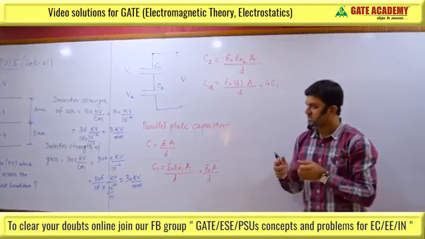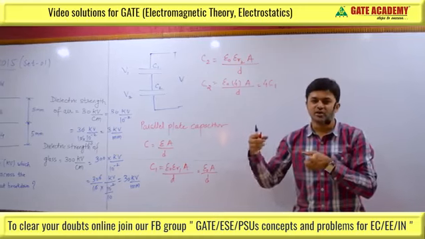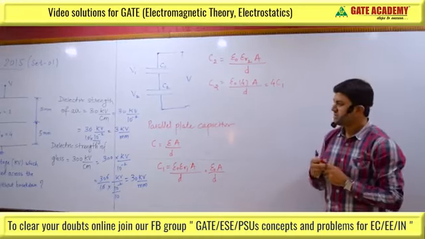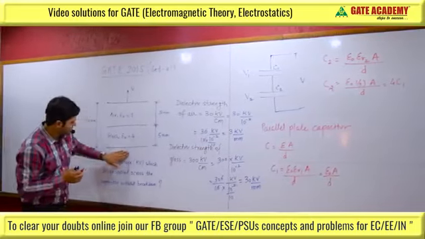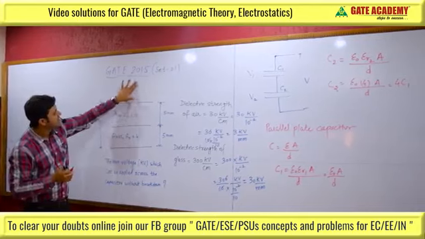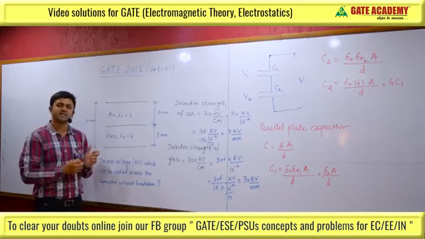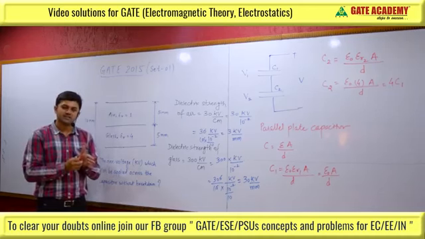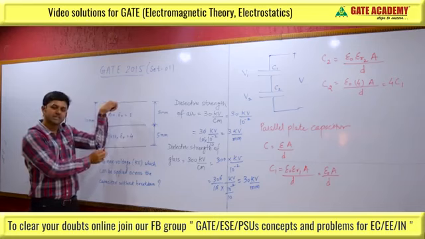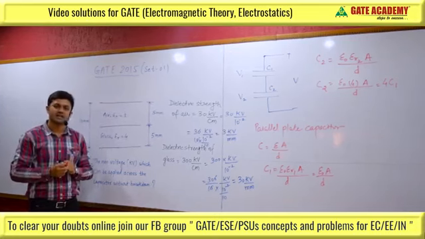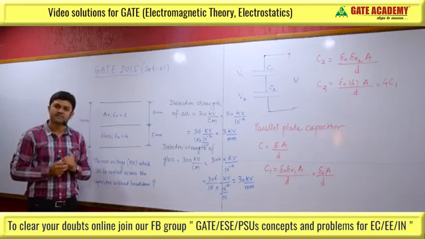Now in this question the battery is not connected to the plates of the capacitor, because in this arrangement it is not given that these plates are connected by some battery. If the plates are not connected by a battery, it means that we applied some voltage across the plates of the capacitor and then removed the battery, and then the charge stored in the plates will remain the same.